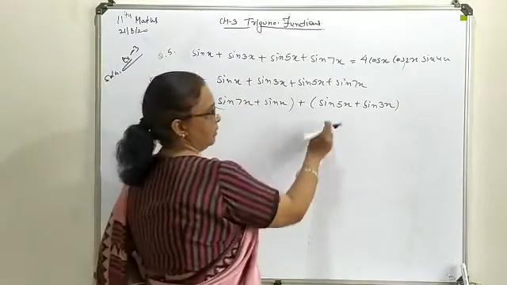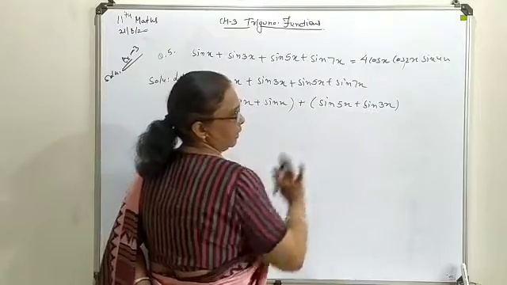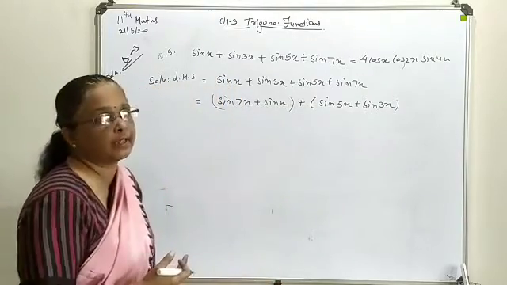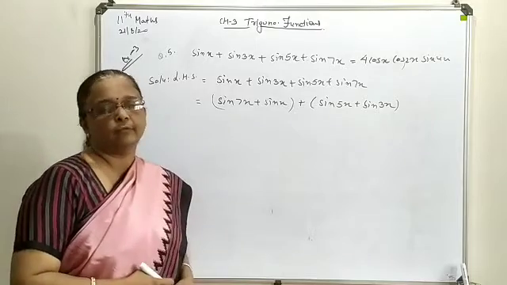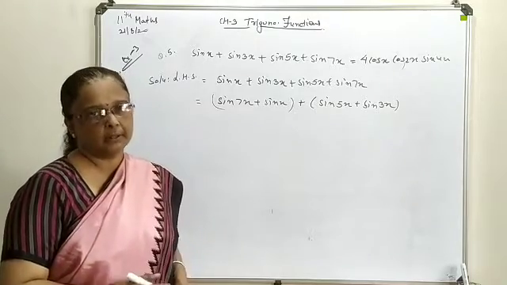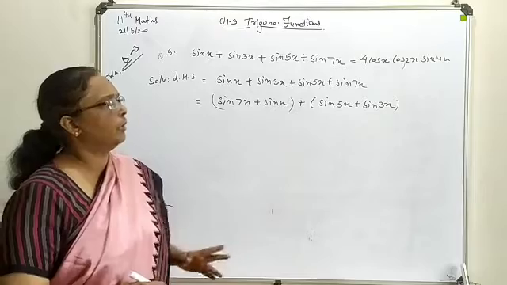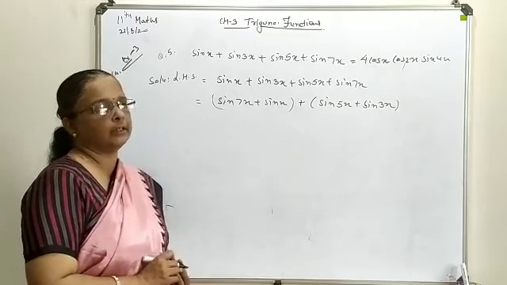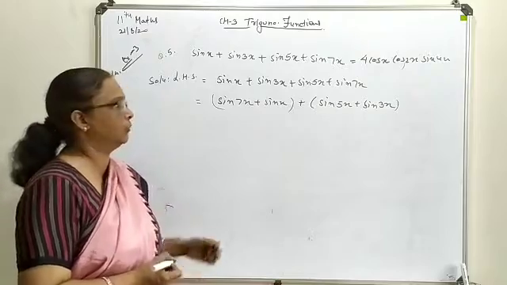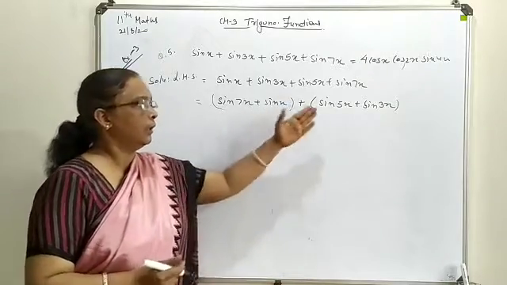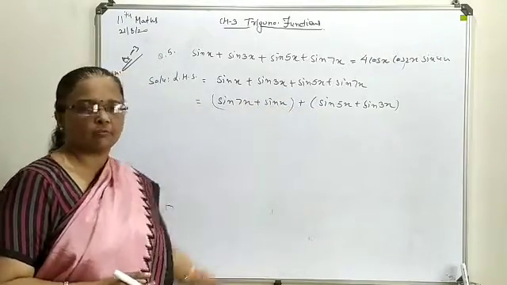Here if you look at 5x plus 3x upon 2, again you will have sin 4x. So in that manner, sin 4x you can generate as a common term. If you make another combination, you may face difficulty managing your common term. So let's implement the formula in these two rearranged forms.